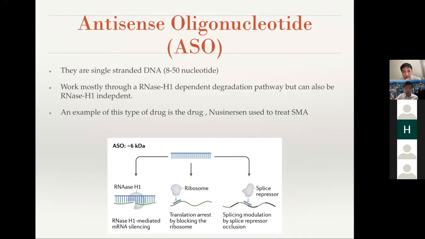They can also work within the cytoplasm, where they activate RNase H1. An RNase is an enzyme that breaks down RNA molecules, and as a result, it usually results in less protein production. An example of this drug is nusinersen, which is used to treat SMA.